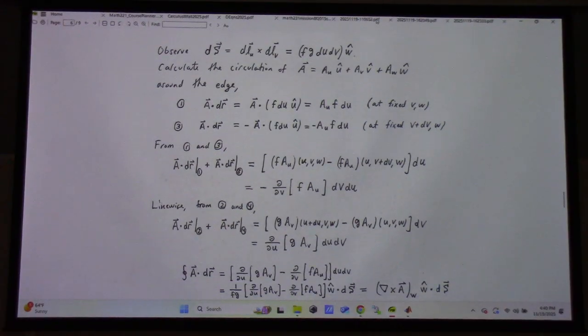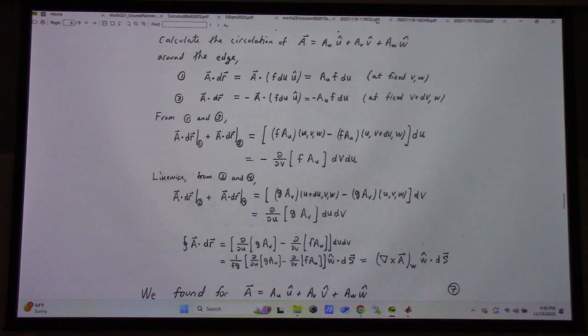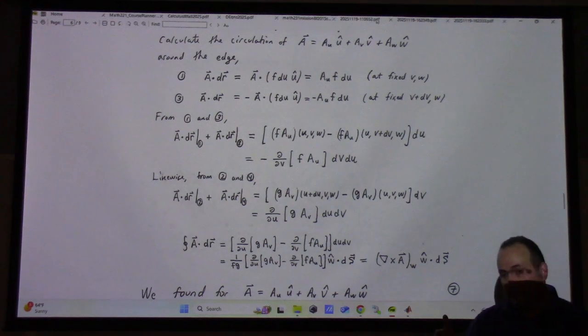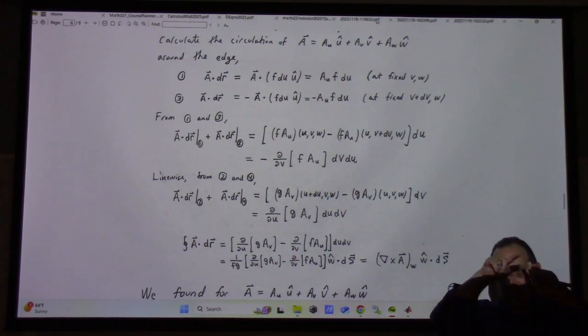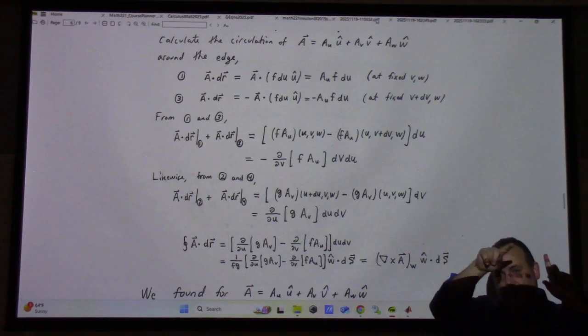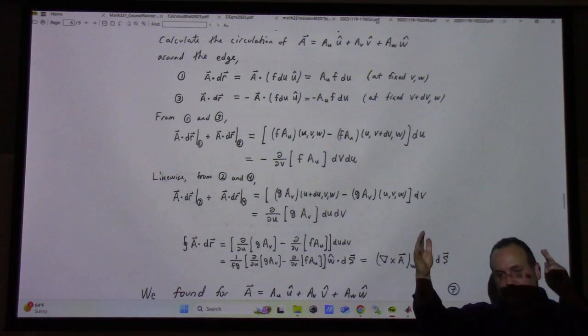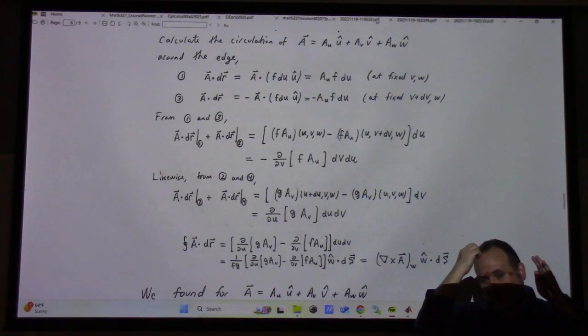Now Sam, this may be too deep a cut, but if you remember my derivation, you too, Shane, of the Stokes form of Green's theorem, I look at the little rectangle, we calculate the circulation around to derive the Stokes theorem.